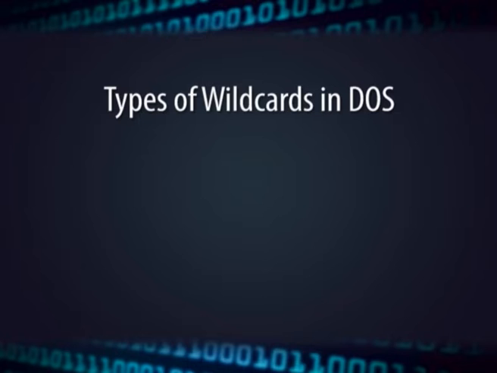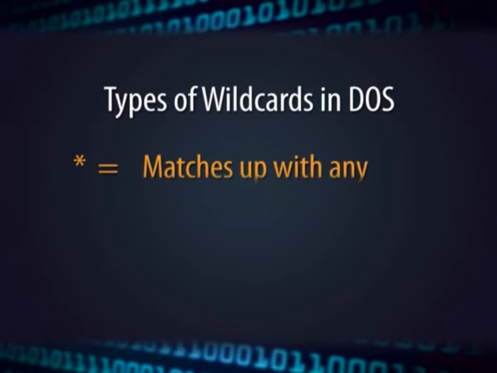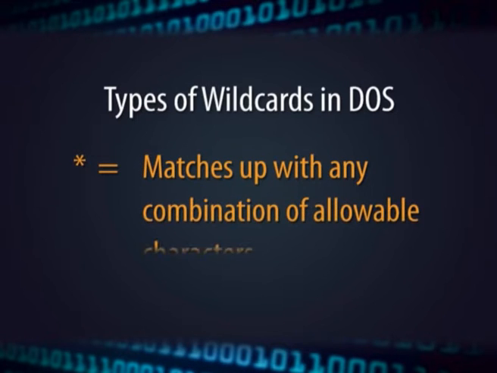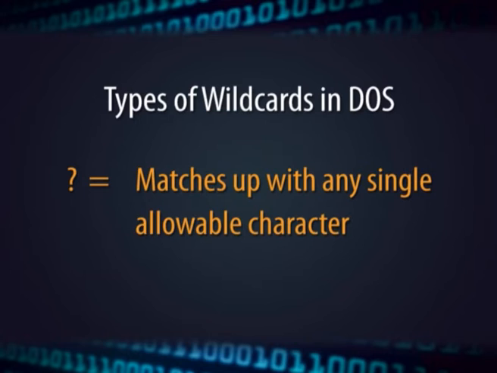DOS wildcards are characters that can be used to match up unknown characters in file names. There are two wildcards in DOS: asterisk and question mark. Asterisk means matching up with any combination of allowable characters. Question mark matches up with any single allowable character.